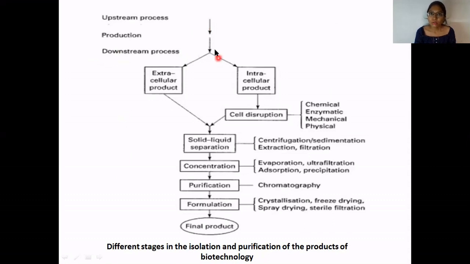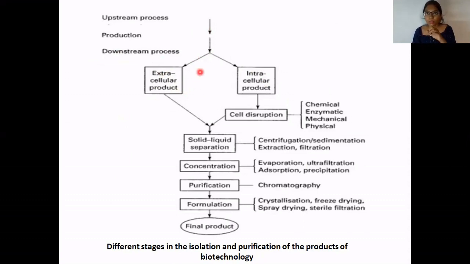Now, once you have the product, it can exist in two forms. For example, if you are interested in the enzymes that the microorganisms release directly outside of the cell, they are termed extracellular in nature.